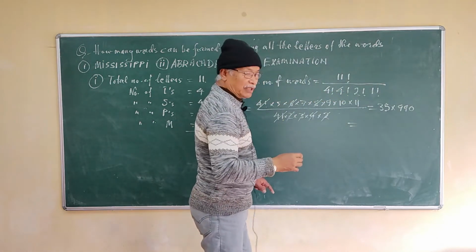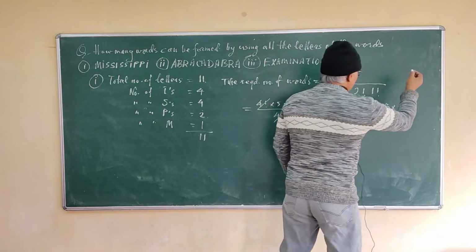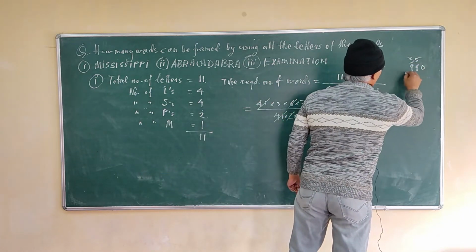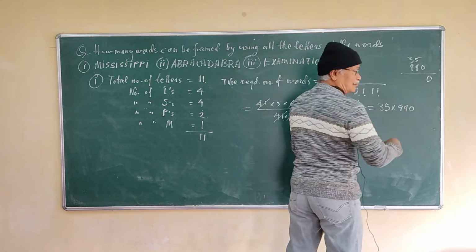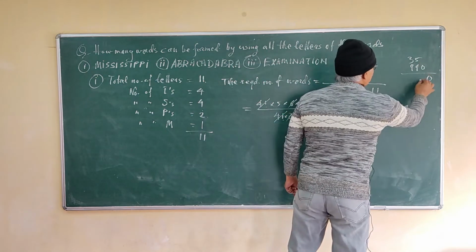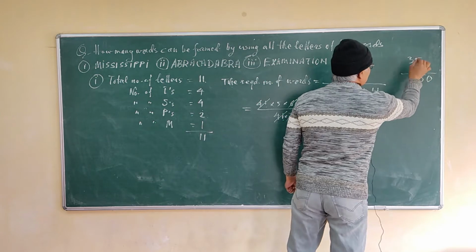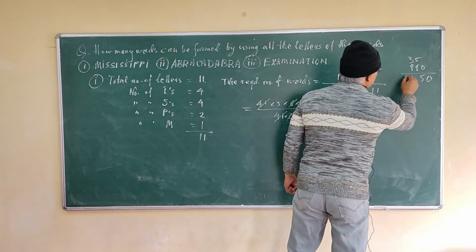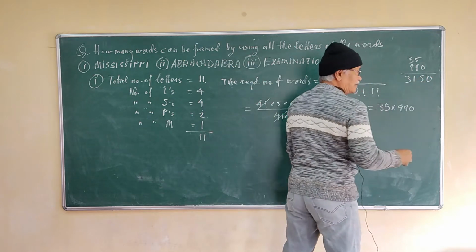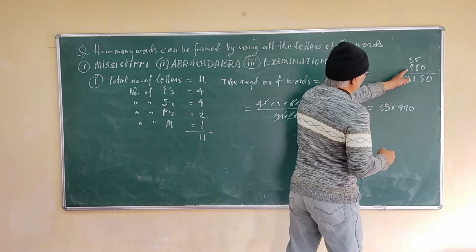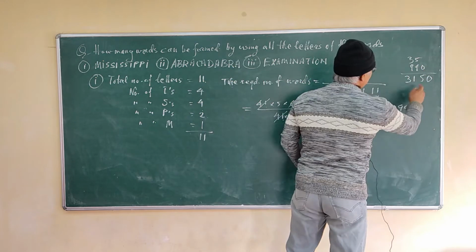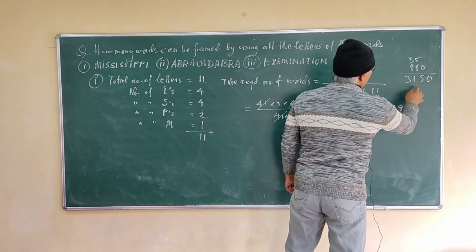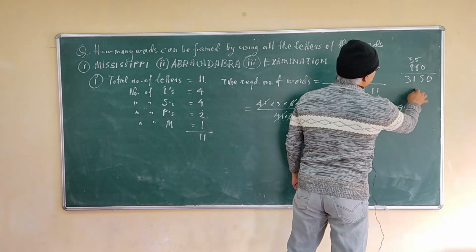What will it be? Okay, let's do it out. 35 times 990. So I write that 0 first. 9 5s are 45. 9 3s are 27, and 4 is 31. Is it right? Okay. 9 5s are 45, but since we have written 0 there, we'll have to start from here, right?